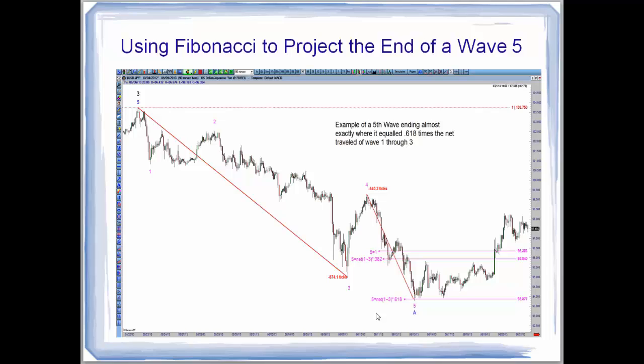One at 0.618 times the net traveled of 1 through 3. One at equality with the net traveled of 1 through 3. And one at 1.618 times the net traveled of 1 through 3. The shortest of these 3 is the most typical in stocks, and the longer 2 are more typical in commodities.